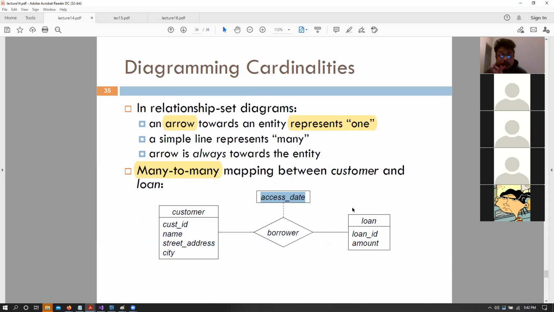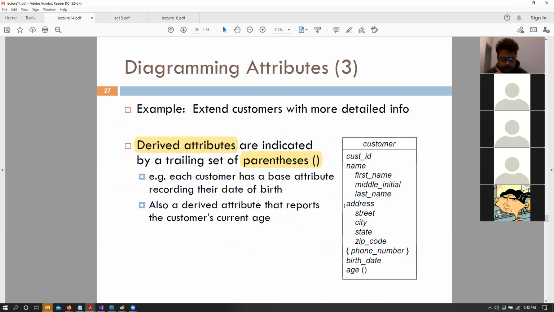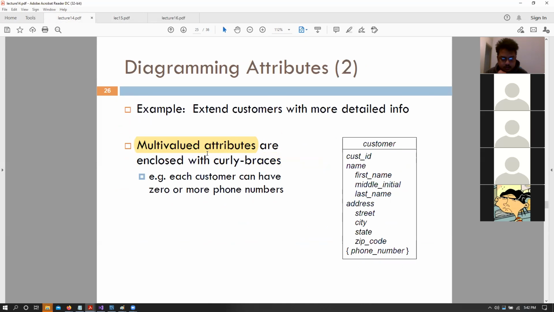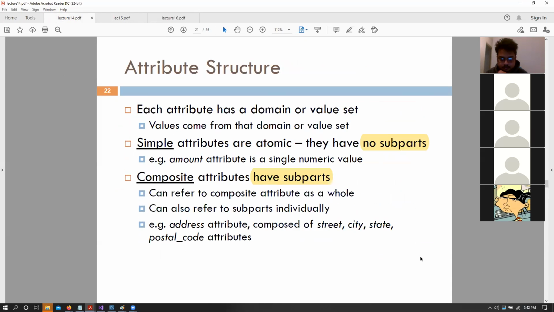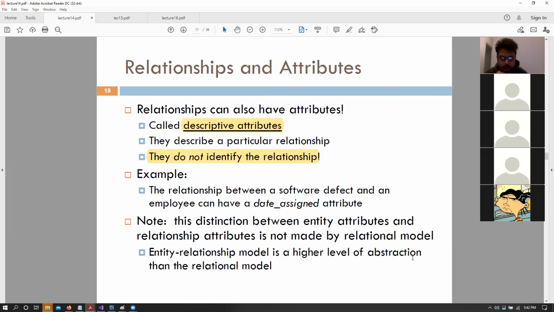So access date is a descriptive attribute, right? Okay, let me bring up descriptive attributes. Right. So descriptive attributes are attributes that are part of a relationship.